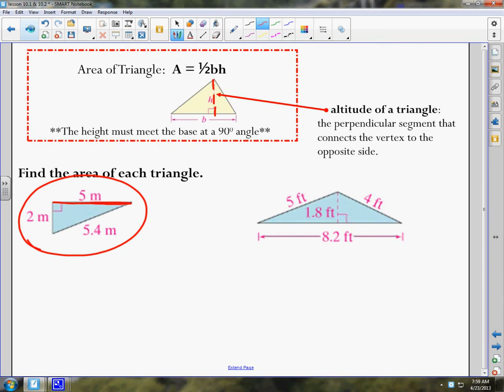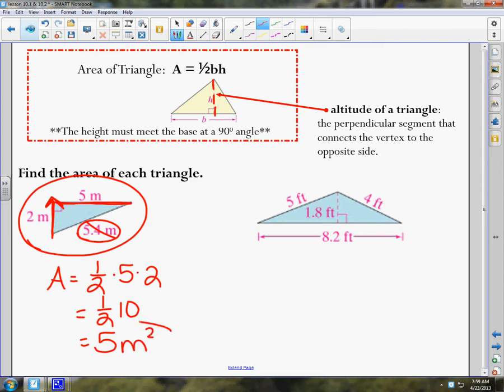This is the base, and this is the height, because the height is hitting the base at a 90-degree angle. This one we don't even worry about right now. So if I were to find the area of this triangle, I would do 1/2 the base times the height. So it would be 1/2 of 10, which equals 5 meters squared.